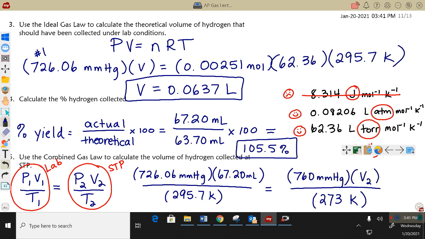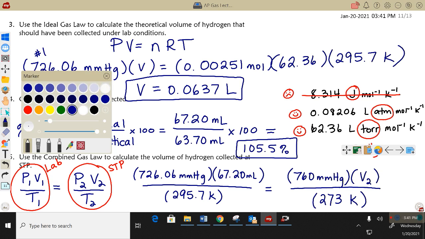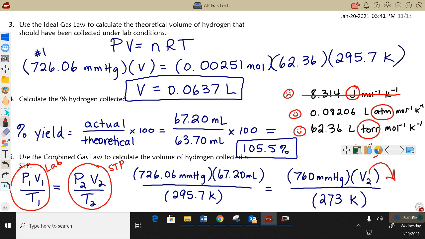So we plug all this in our calculator and we do some fantastic algebra. And then I'm going to find that V2 would be about 59.27 milliliters.